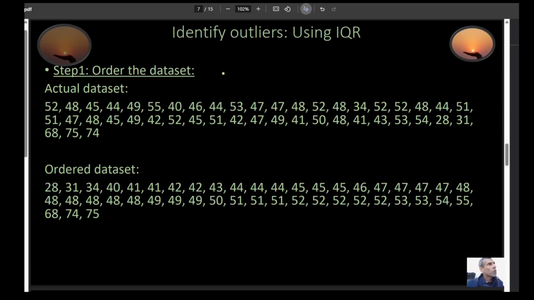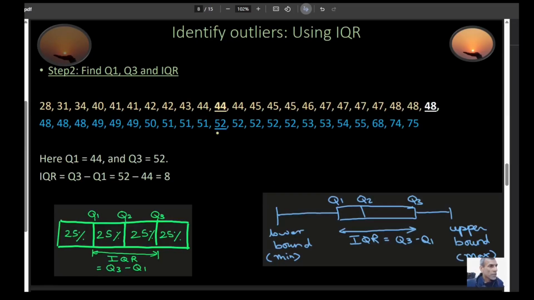The first thing you do is order your data set. That's step one. So this is my actual data set, 52, 48, 45, for that particular column. Then I ordered this data set. Now it's ordered. You can see 28, 31, all the way up to 74, 75. Then step two, you find your Q1, Q3, and IQR. The way you find Q1 is you split your data into two halves. So you have the upper half right here, and this is your lower half.